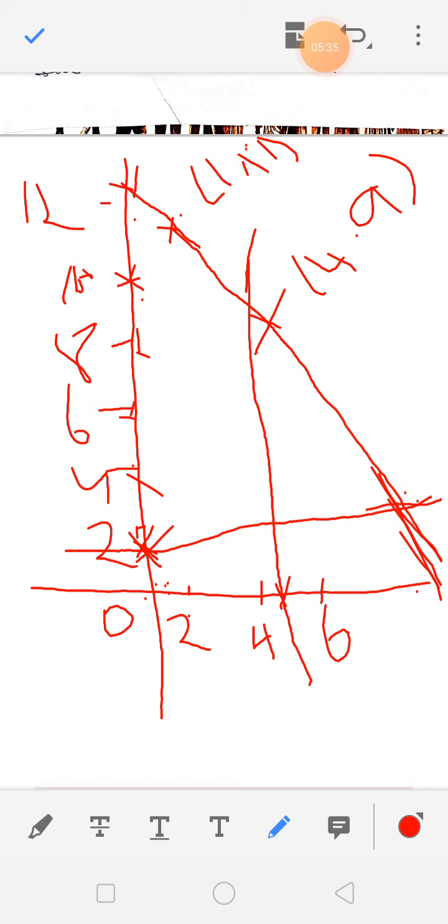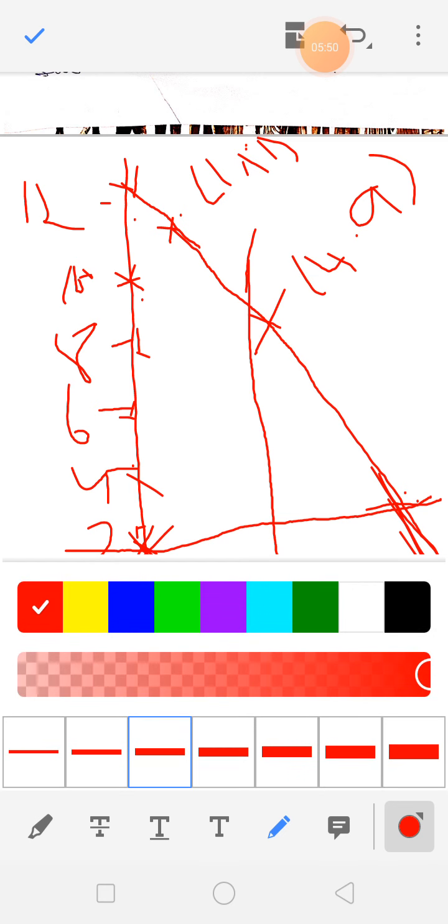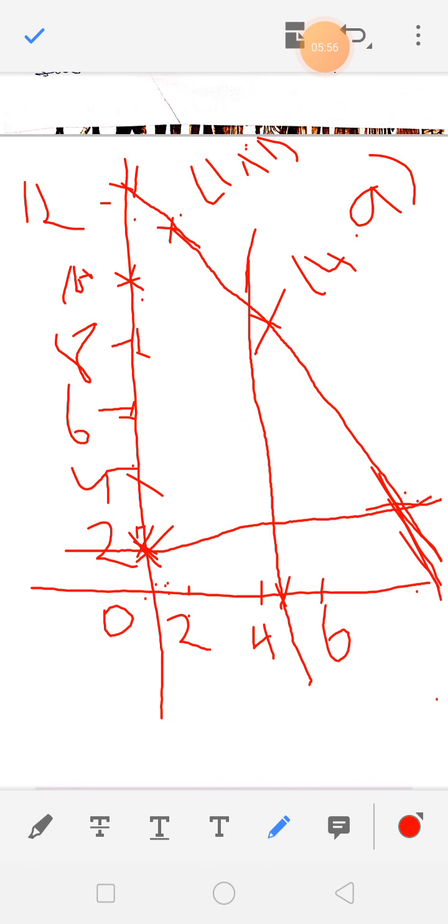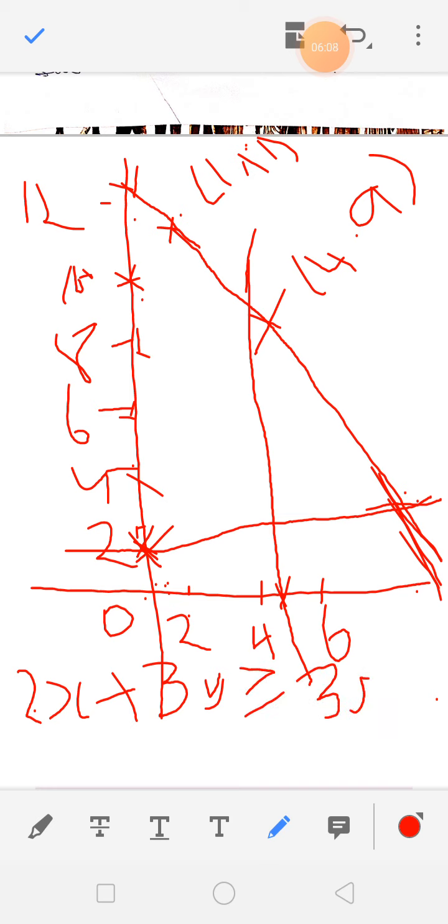Now I am going to find out which region the points are in. So the first one is 2x plus 3y greater than or equal to 35. This is our question, correct?